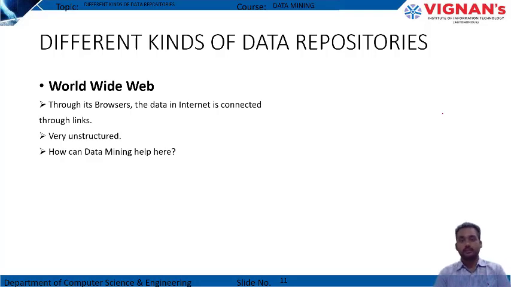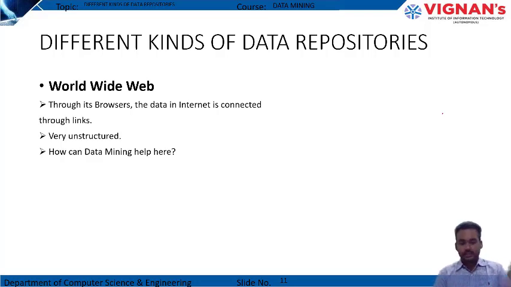Right? And finally, we'll wind up with something called the World Wide Web, towards which most of the databases are moving right now. So how is this different from our other databases? Over here, data is interconnected by links. Pretty much this data is always unstructured, that is a given. But the links are associated with tags.